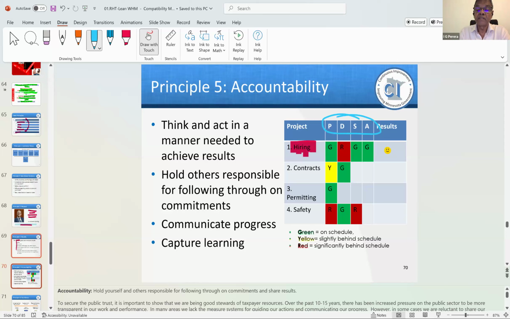Plan, do, systemize, and act. So you are on the schedule then. If you have not done your job, you understand you are behind the schedule.